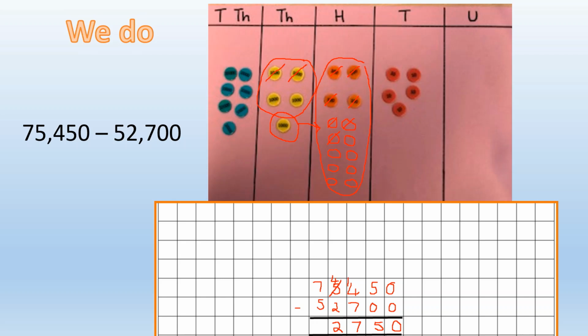So we needed to remember that this one had gone over here already. And then our tens of thousands, 7 tens of thousands take away 5, we're left with 2. So the answer is 22,750. I hope you got that right. If you didn't, have a look at where you went wrong.